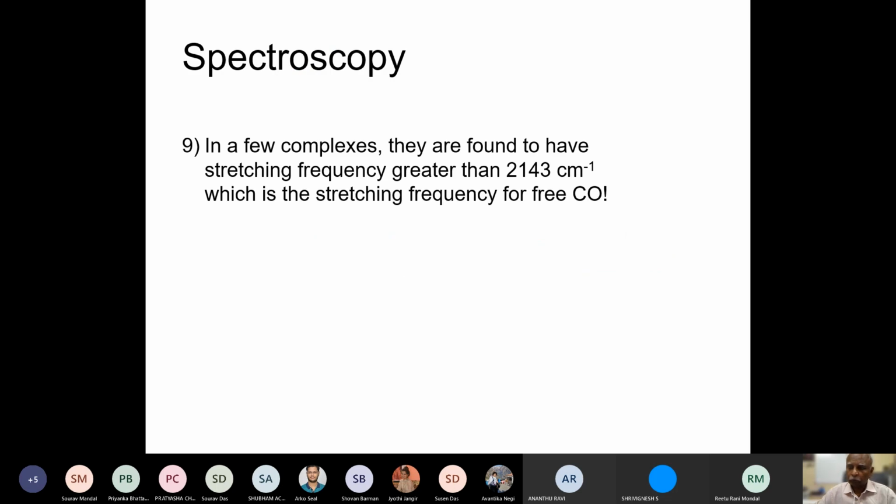So in a few complexes, in very few complexes, the stretching frequency of carbon monoxide is even higher than the value of 2143 centimeter minus 1.